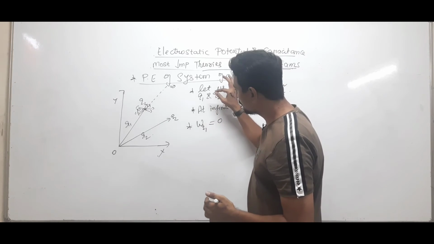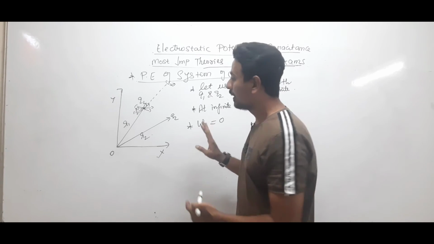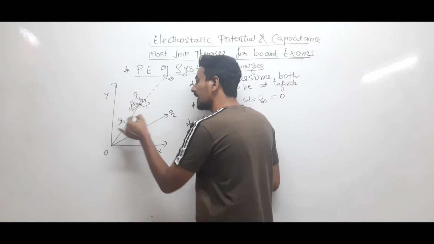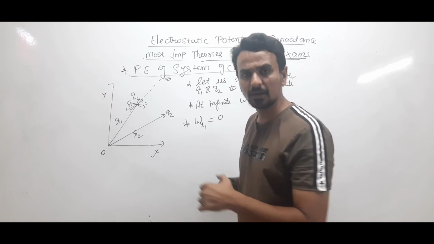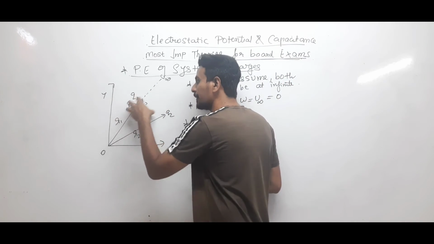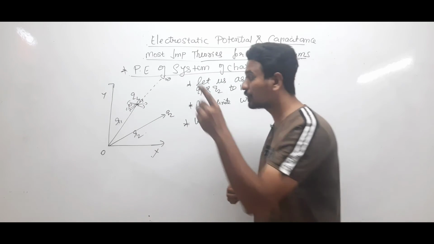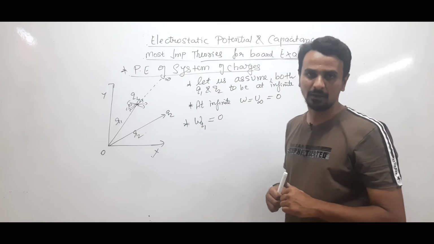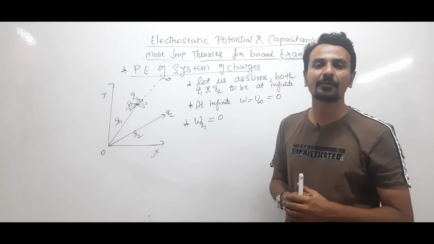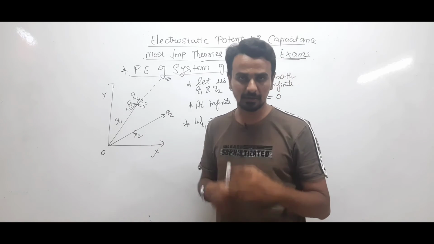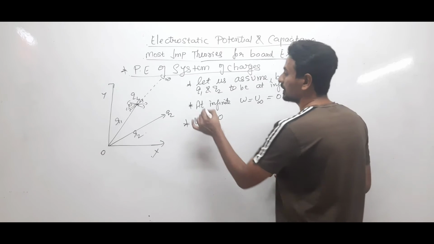Suppose you are bringing a charge Q2 from infinity to this point, you have to do some work against the electric field of this charge, or the potential produced by the charge Q1 on Q2. Clear? Because now Q1 is at a finite distance of R1. So when a charge is placed at a finite distance, it will produce its electric field and potential around it. Clear? So how to calculate this work done?